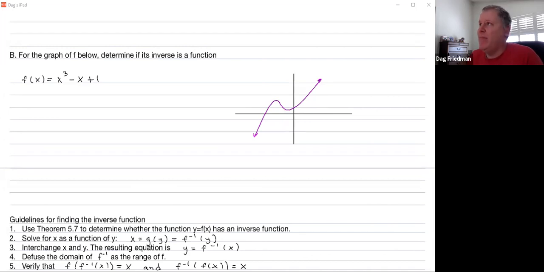Show of hands if you need more time taking the derivative and checking it. Okay, let's take our derivative and see what we got here.